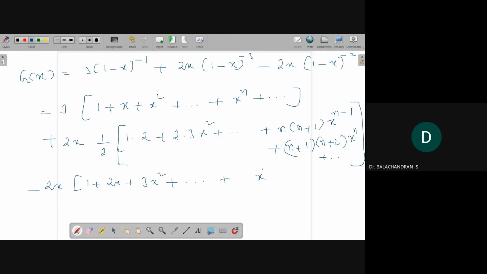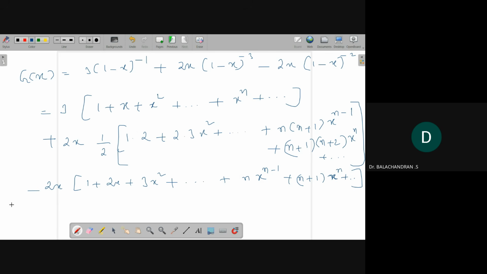Okay, x power n minus 1th term is what? Here n into x power n minus 1 plus n plus 1 into x power n. Okay, x power n plus and so on.